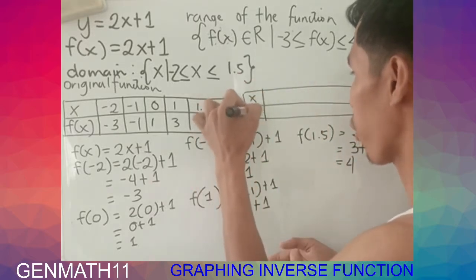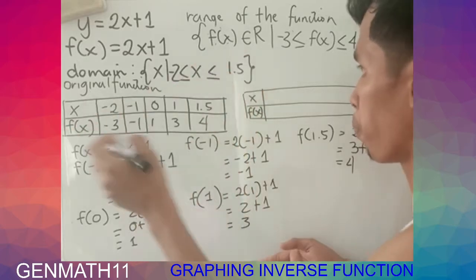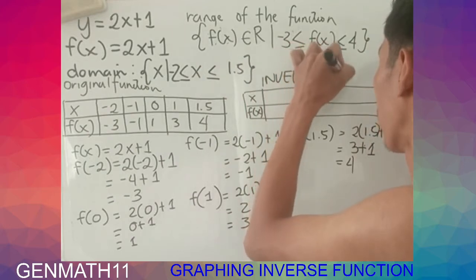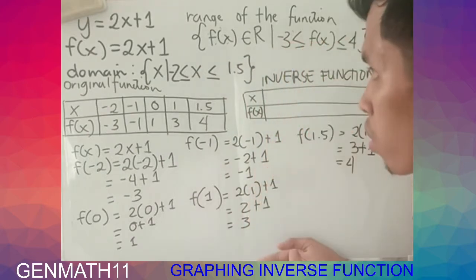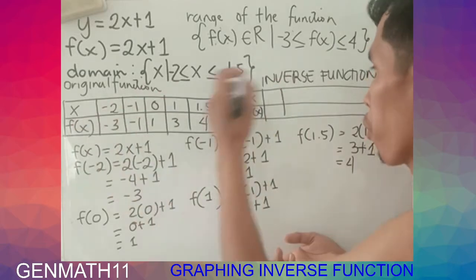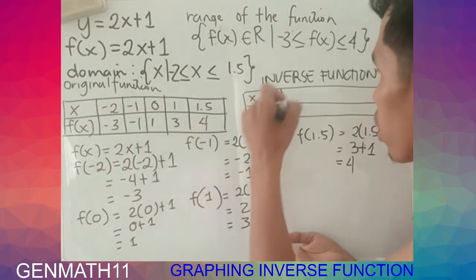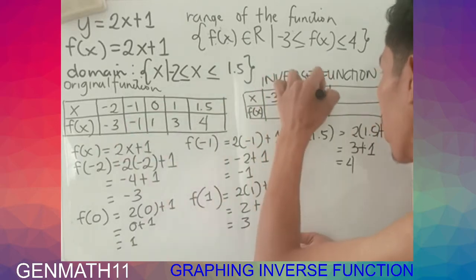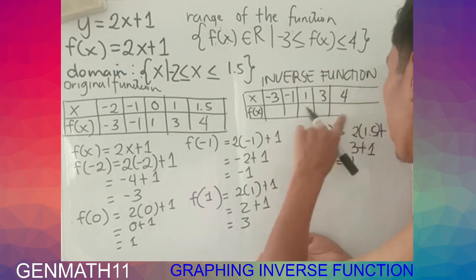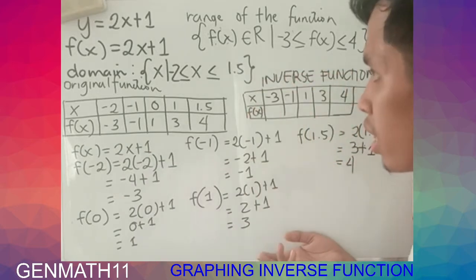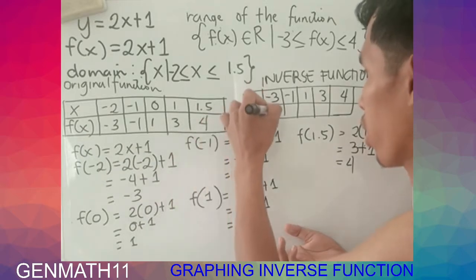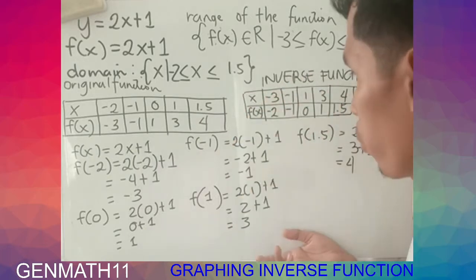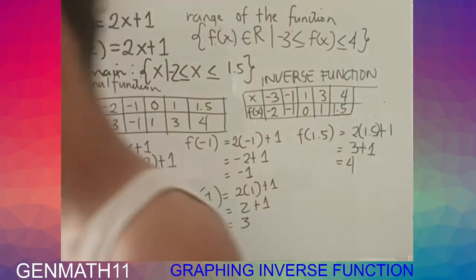So, x and f of x. So, lagyan lang natin dito ay inverse function. Okay? So, balik-balikan lang natin. Yung f of x magiging domain. Lagyan lang natin lahat yung nakuha natin. Then, the x natin will be the f of x or the range. So, negative 2, negative 1, 0, 1, and 1.5. Okay. So, next.